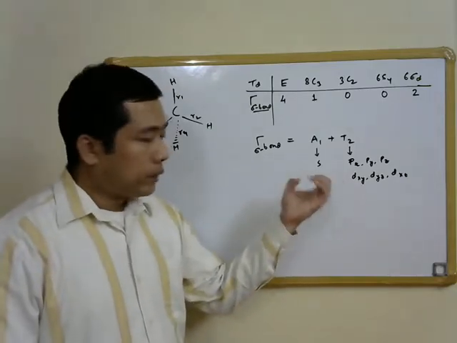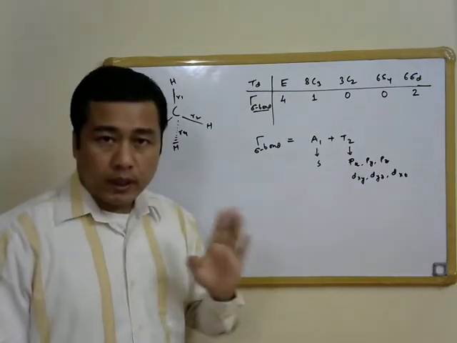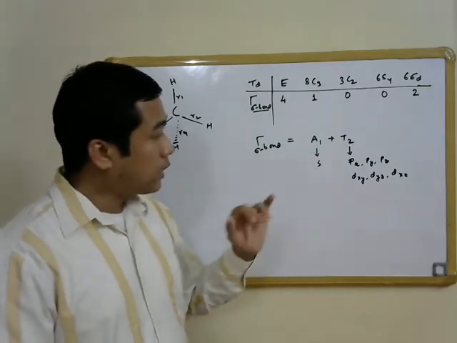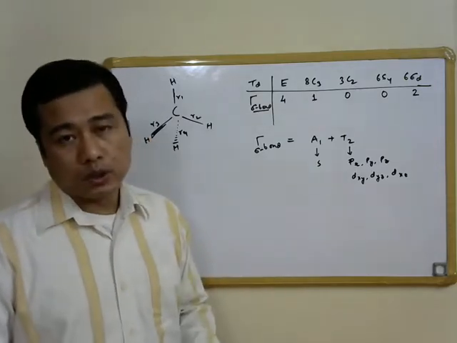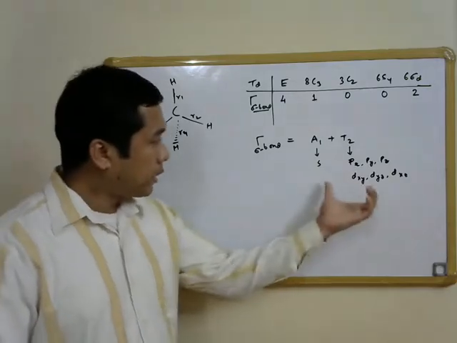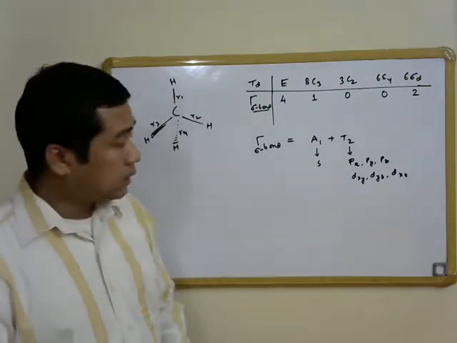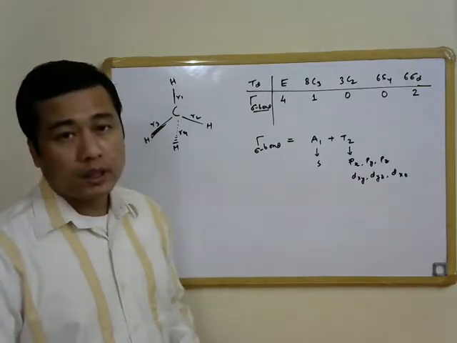Against the T2 irreducible representation, you will see the x, y, and z coordinates transform as T2, as well as dxy, dyz, and dxz together. So this set of atomic orbitals transforms as the T2 irreducible representation in the Td character table.